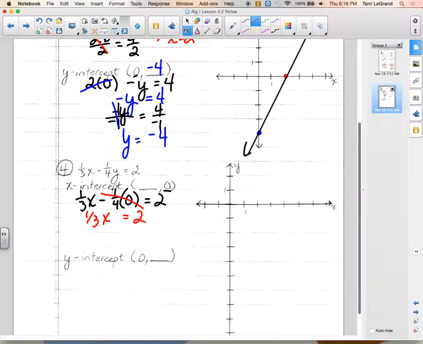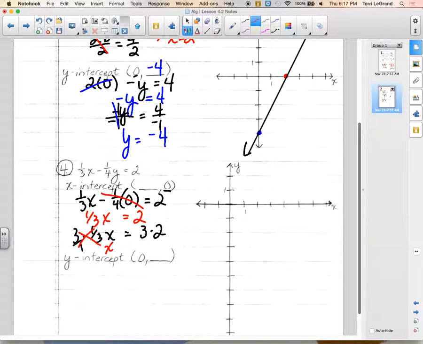Reminder, when a variable is being multiplied by a fraction, we can undo multiplying by that fraction by multiplying by its reciprocal. So we'll take both sides of this times 3 over 1. On the other side, we really don't need to make it 3 over 1. We can just have it as 3. And we're going to have these cancel.